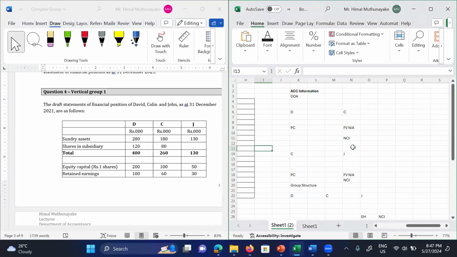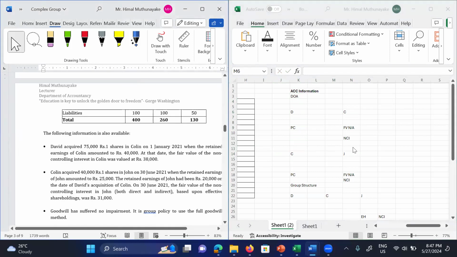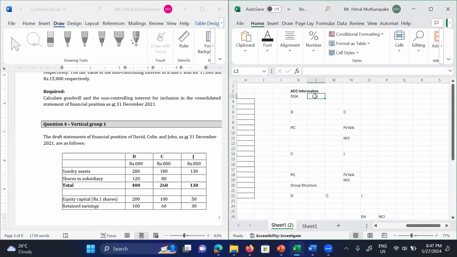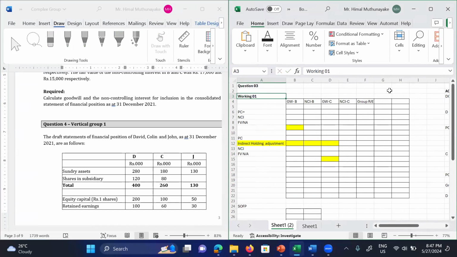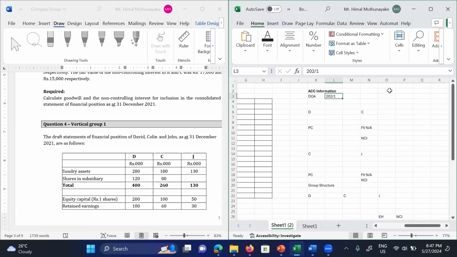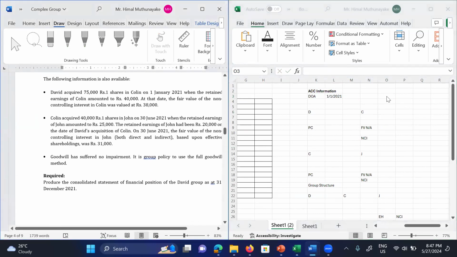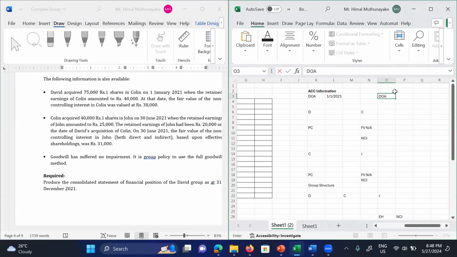So the date of acquisition of the first business combination, DC, is 1st January 2021. And for CJ, the second business combination, the date of acquisition is 30th June 2021, I think. 30th June 2021.